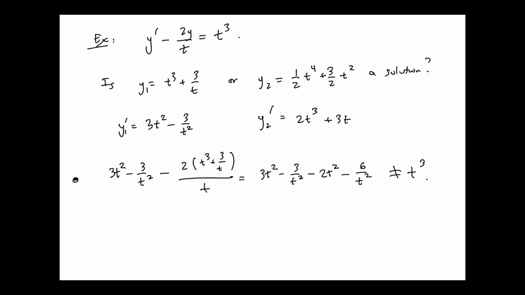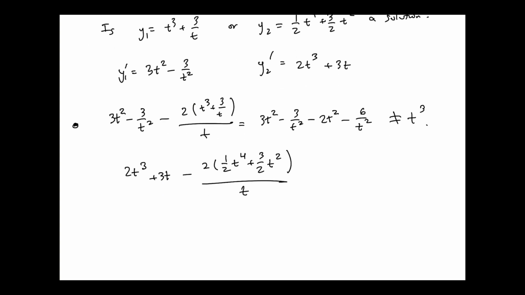All right, let's try the other one. What was the other one? It was 2t cubed plus 3t minus 2 times the solution, which was this, all over t.